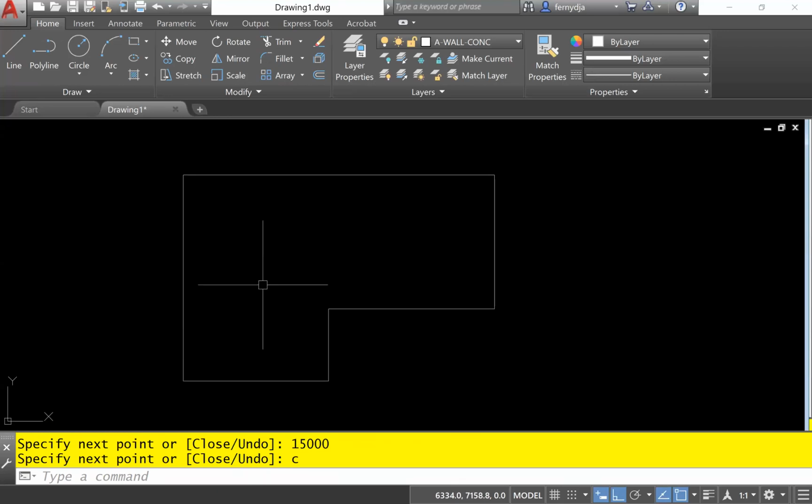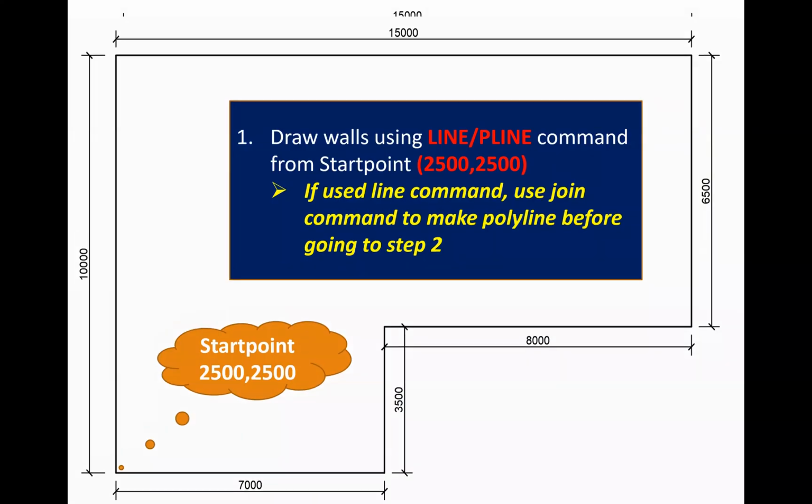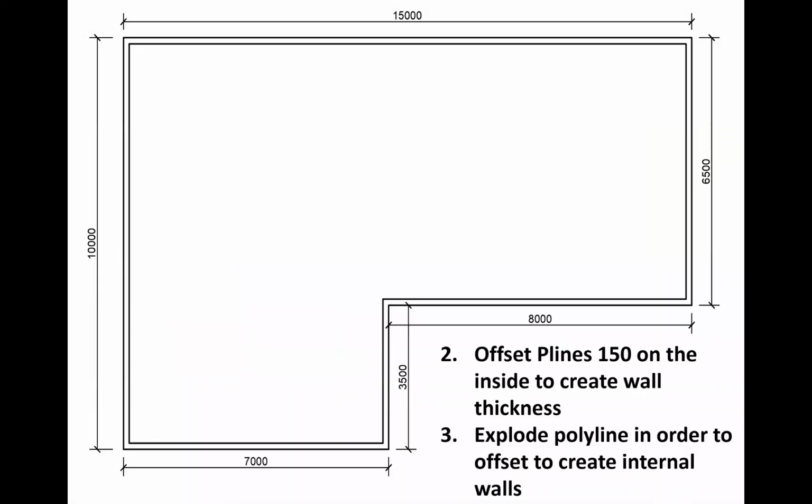All right, so now that we have our perimeter walls going around, what we need to move to next is to get our lines going around on the inside. So before we can offset these lines 150 on the inside, we need to ensure that they are polylines.